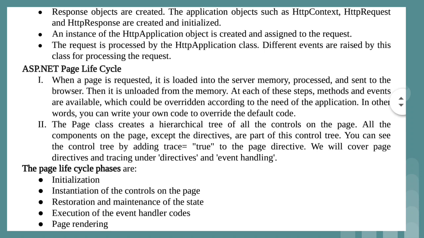Hierarchical tree means it contains all the controls which we have taken as an interface for the page. For example, we have a text box, so the first element of the tree will be the text box. After that, suppose you have two buttons, so button 1 and button 2 will be available on the tree.